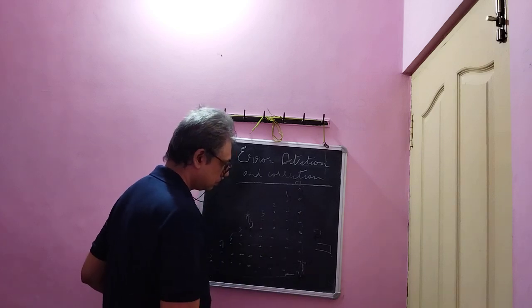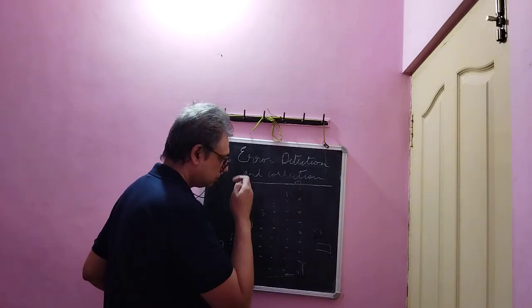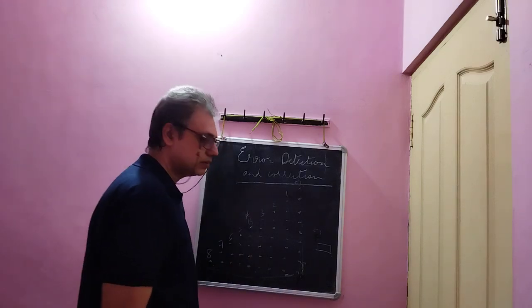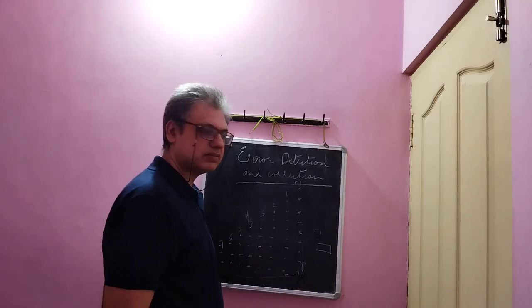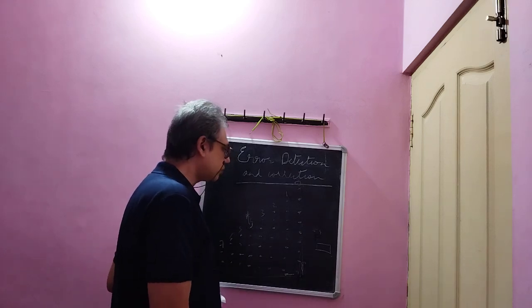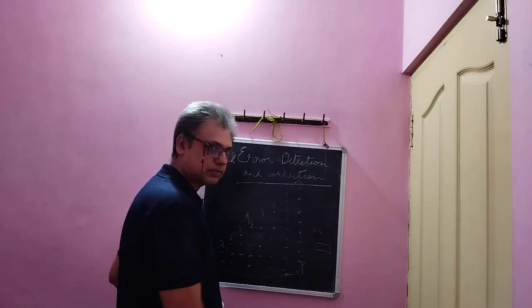The difference between this and the combinatorial one is that the distribution may not be identical to that of the combinatorial one. And also here you will find different numbers of ones and zeros.